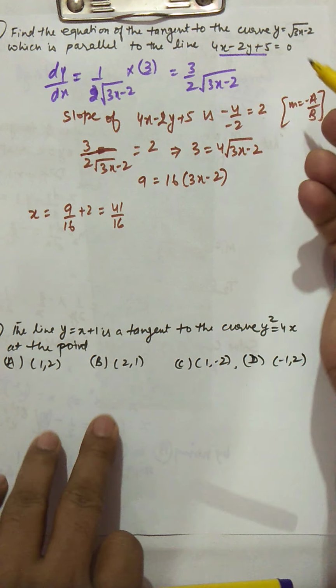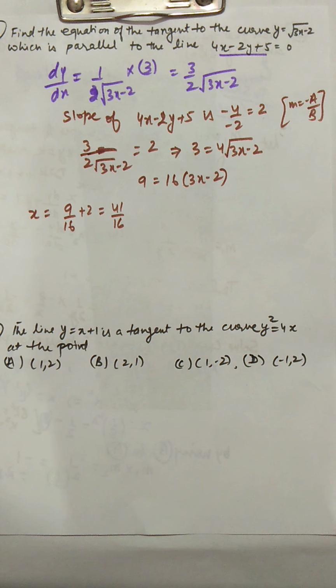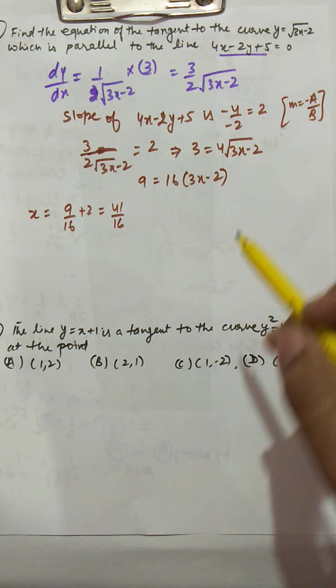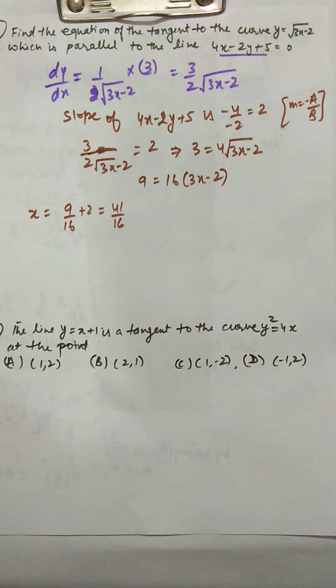Now we can find the value of y also, but here this is very important. Will you put this value of x in the given line, or in the curve?